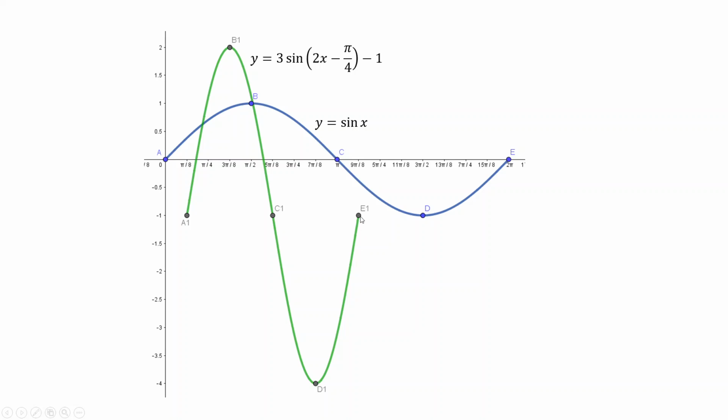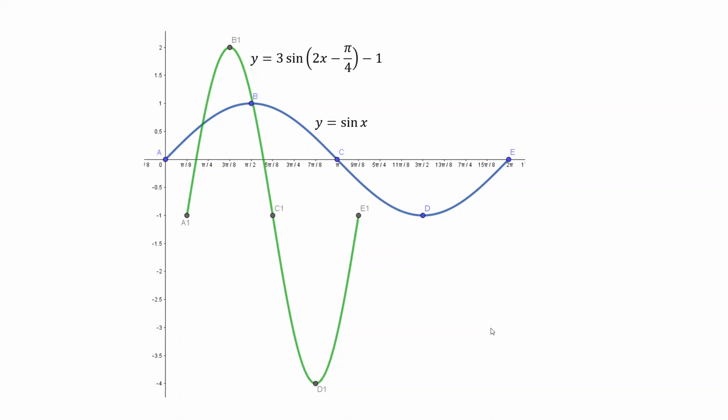From here it keeps going up and hits that same peak of 2 and comes down, and the pattern repeats. Or in other words, take this entire graph and scoot it over so that A1 falls on E1, and you get all of this repeating over here. And again, place it over there, and that repeats, and you can keep doing this. That's the actual graph.